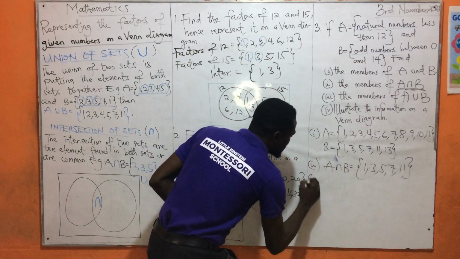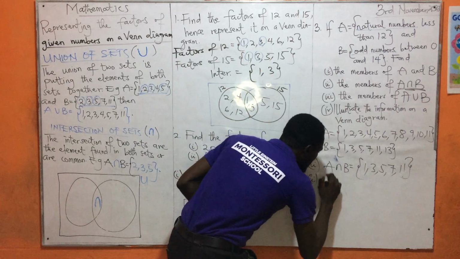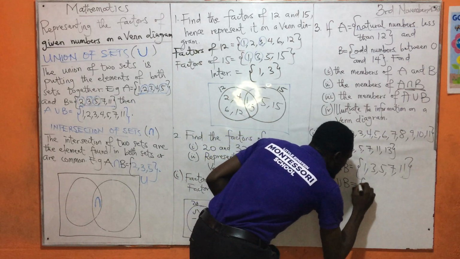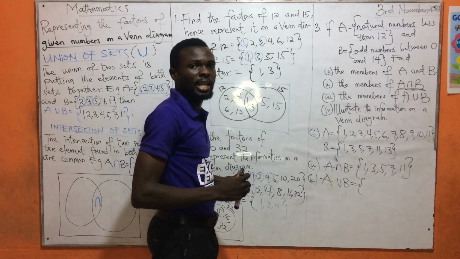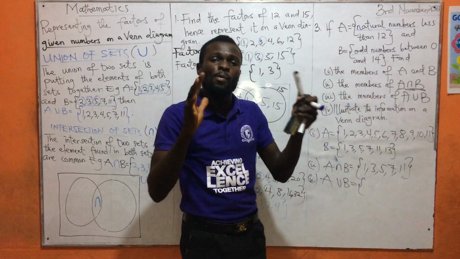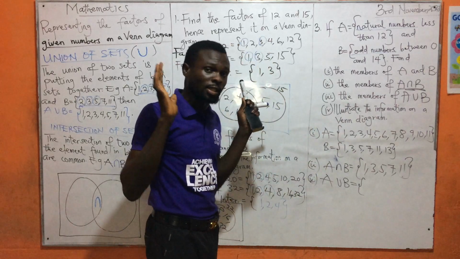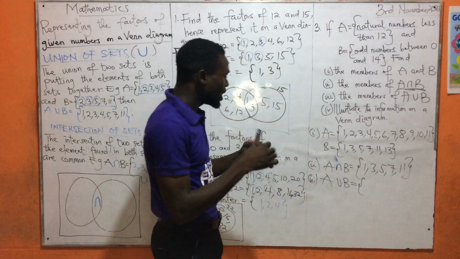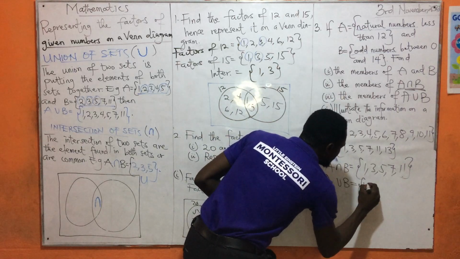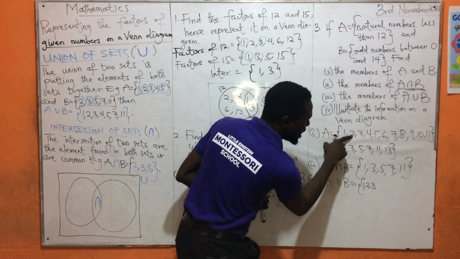Now what is the next one saying? The next one is saying that find the members of A union B. First of all, we should know what the union is. It is when we combine the elements together. It's when we put the members together, not addition, but we put them together. So we have 1, 2, 3, which is here.